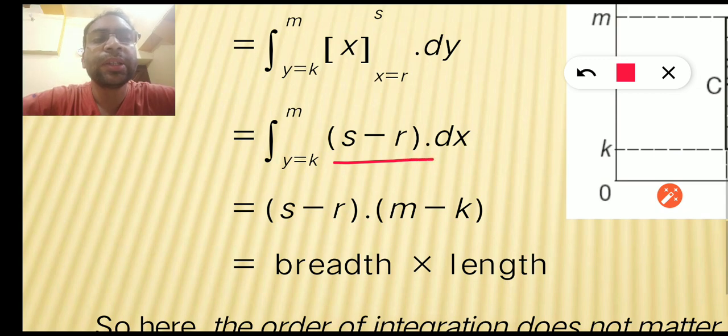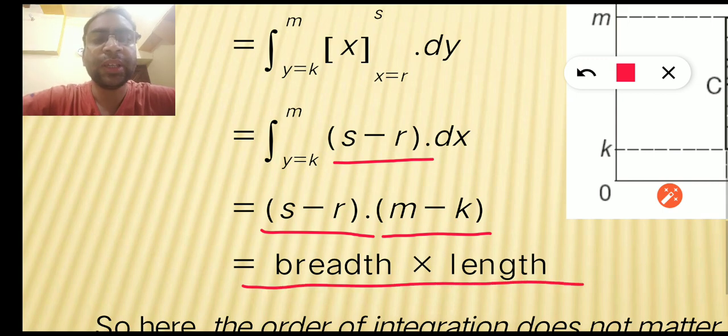Now we operate this with respect to dy. So this will be s minus r dot m minus k. Again, this will result in breadth into length, and as we know the product is commutative, it doesn't matter whether we write length into breadth or breadth into length. The result is always the same, that is the area of the rectangle.